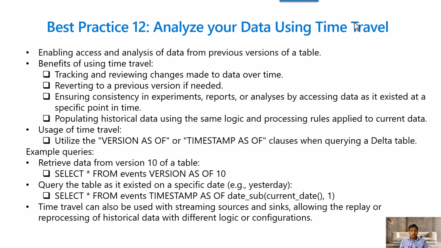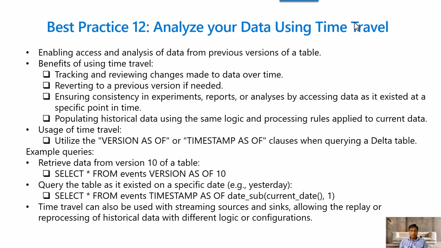It can also ensure consistency in experiments, because sometimes you need to find out where the data corruption happened, and that way you can make sure that your experiments are consistent, and you can analyze it by accessing the data as it existed at a particular version or a particular timestamp.